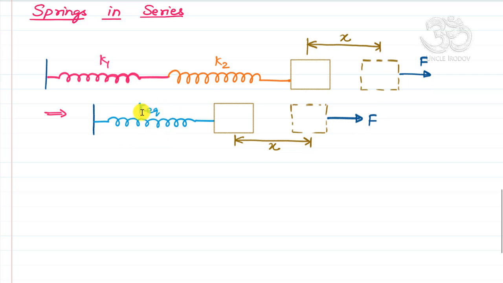Now, one thing to note is that the springs won't have a displacement x. One of the springs will have an extension maybe of x1, the other will have an extension of maybe x2, such that if you add up the two extensions, you should get this x here, which is the total extension really. So let me say that the first spring, the pink one, has an extension of x1. The orange one has an extension of x2.